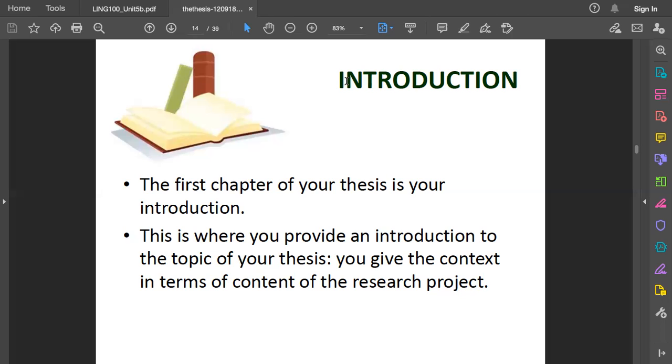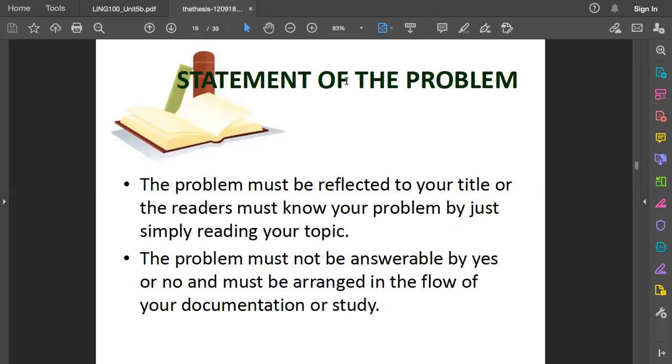So next is the statement of the problem. When you do the statement of the problem, you state it in a participial form. In English, there is gerund, there is participial, okay? You need to write it in that form.